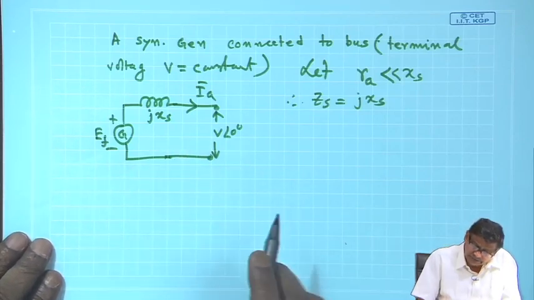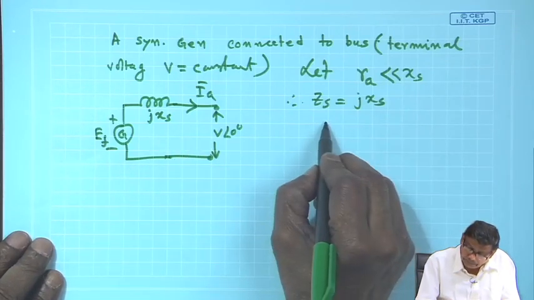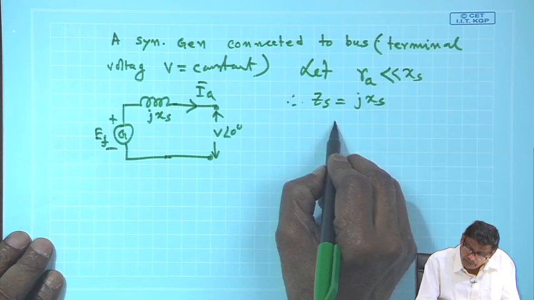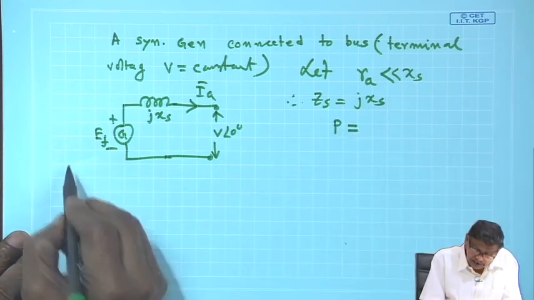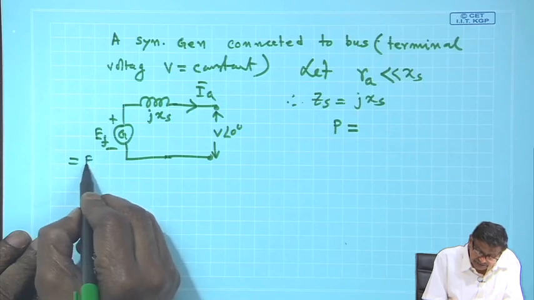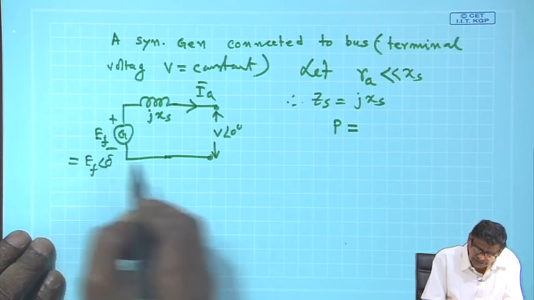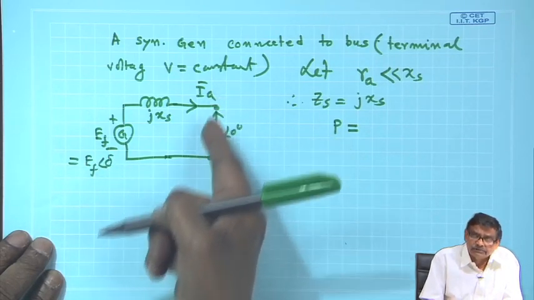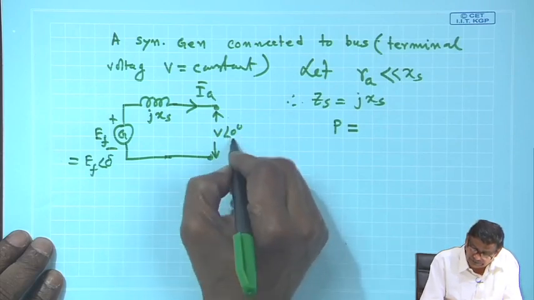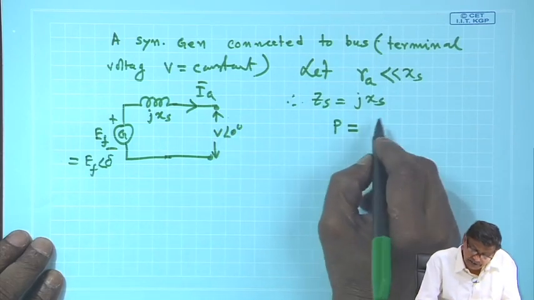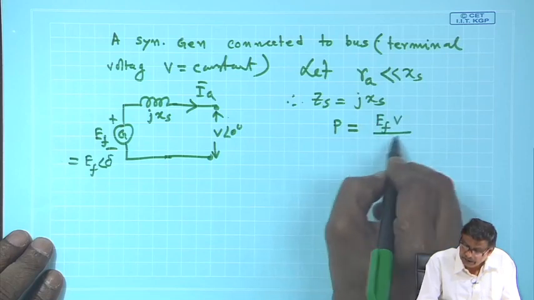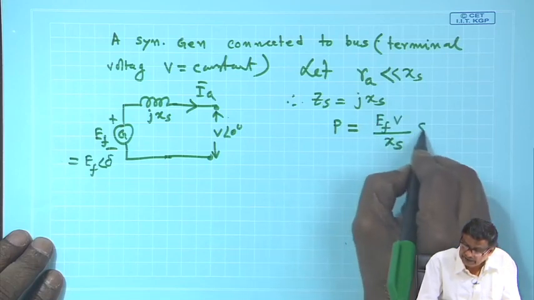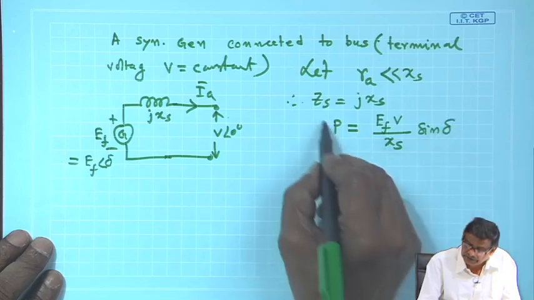Under this condition, we know the power delivered by the generator, and this E_F is at angle delta. So, always take the terminal voltage, which is constant, as your reference, 0 degree. So, P is equal to, as we have already seen, E_F V by X_S sin delta, a very simple relationship.